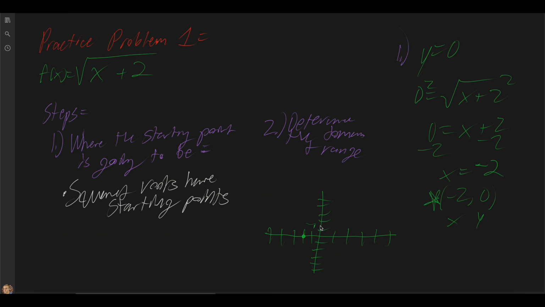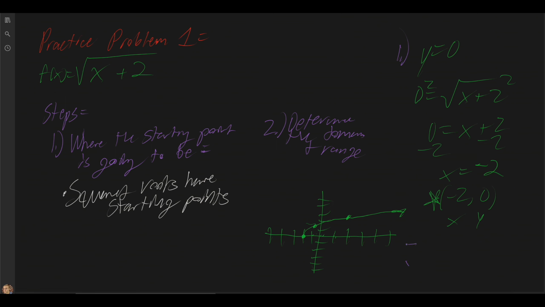And since we're dealing with square roots, typically it will just be 1, 2, 3, 4. That's just the nature of how the graph is actually going to be going. So it's going to go up every single square point that we have, but it's going to have a unique starting point. So we have 1 and 1, and then we have 2. It's going to keep going, just in this part.